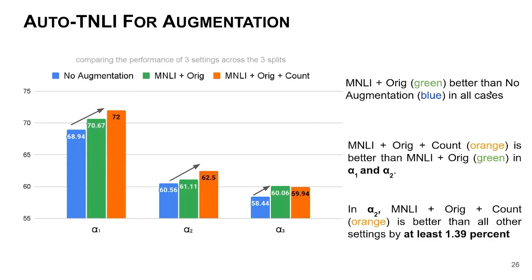MNLI plus original gives better results than no augmentation in all cases, and MNLI plus original plus counterfactual is better than MNLI plus original in alpha 1 and alpha 2. Interestingly, in alpha 2, MNLI plus original plus counterfactual is better than all other settings by at least 1.39%.